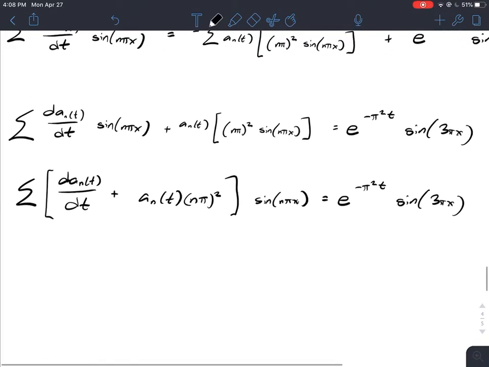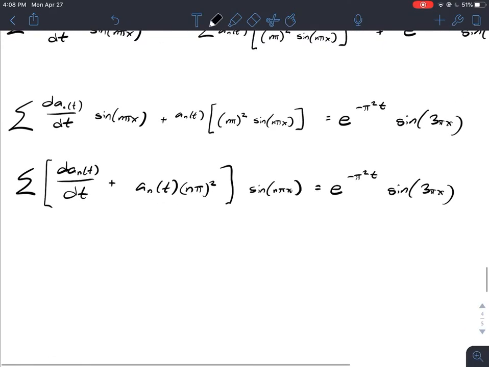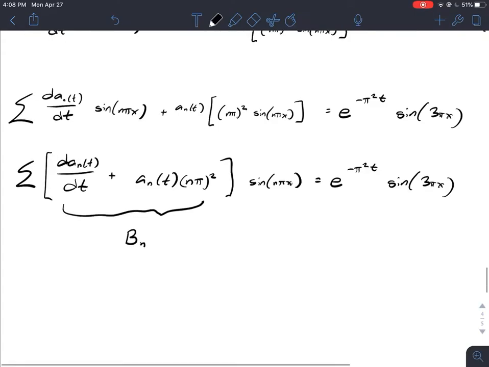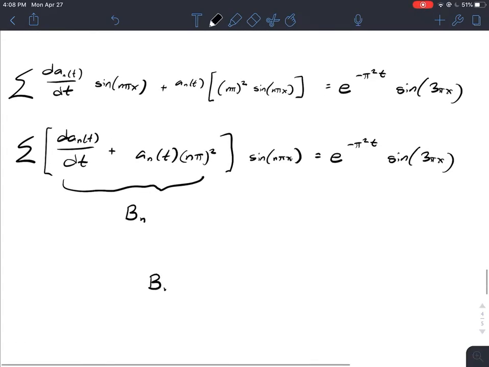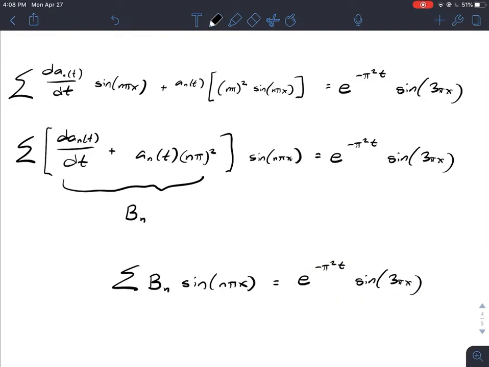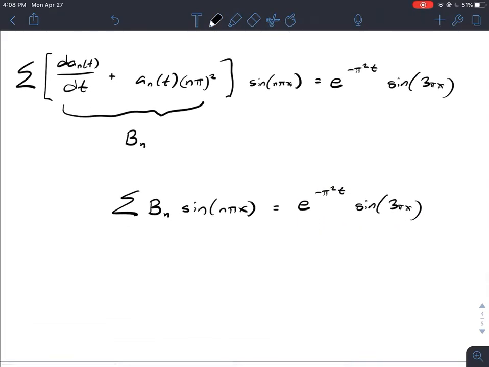Just looking at this, it may not be completely obvious, but hopefully it will be after I make the substitution. I'm going to call this term inside the brackets b sub n. So now the infinite series of b sub n times sine n pi x is equal to some non-homogeneous term. What does this look like?